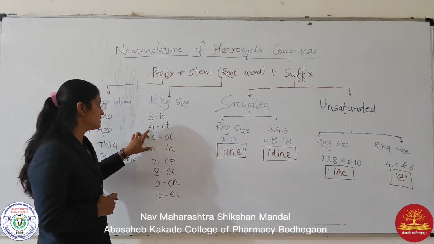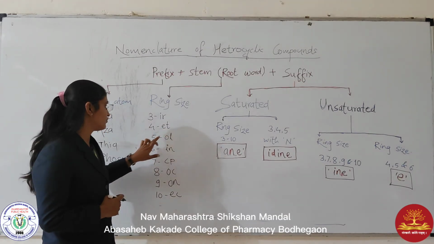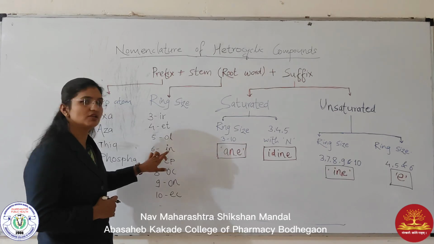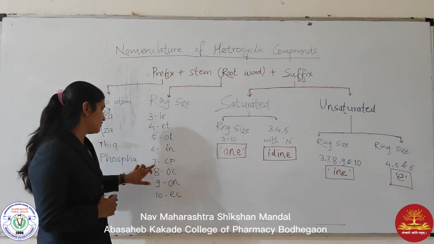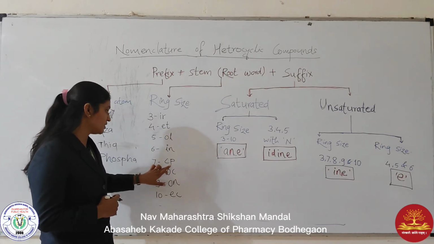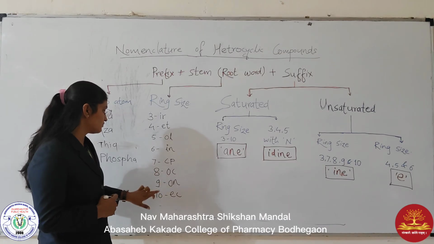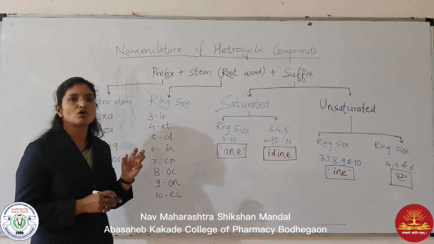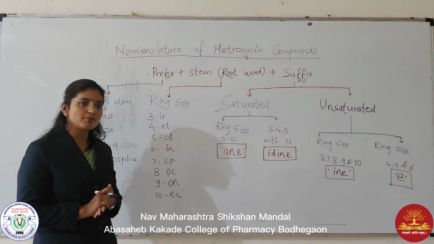For 4 it will be et. For 5 it will be ol. For 6 it will be in, and for 7 it will be ep, for 8 oc, for 9 on, and for 10 ec. This is the stem for the nomenclature of heterocyclic compounds.